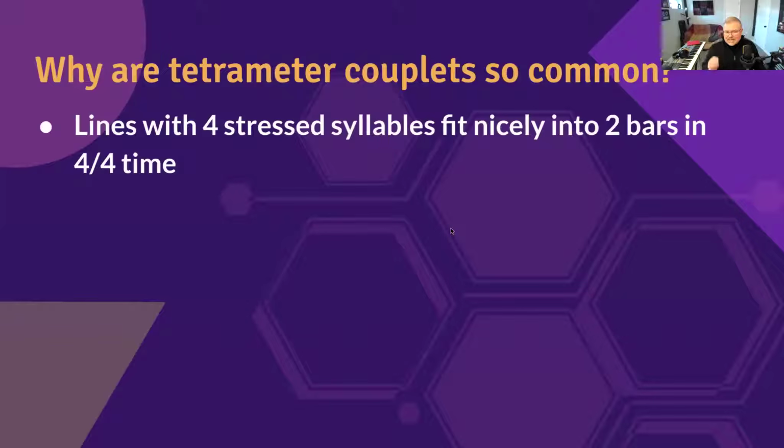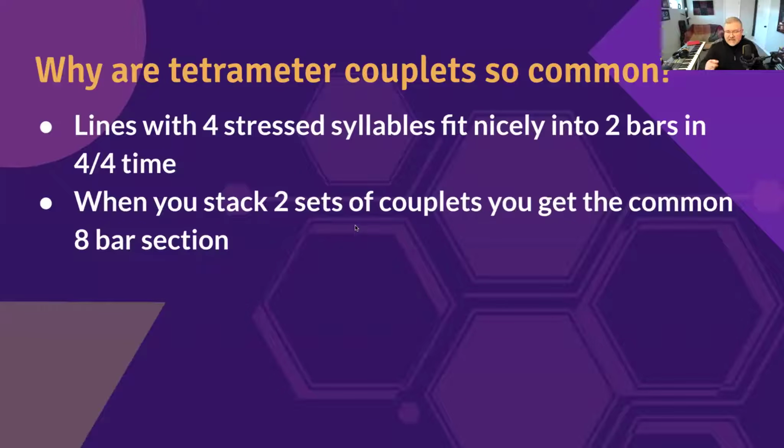Lines that have 4 stressed syllables fit very conveniently into 2 bars of 4/4 time. So each line with 4 stressed syllables can be sung quite easily within 2 measures in 4/4 time.